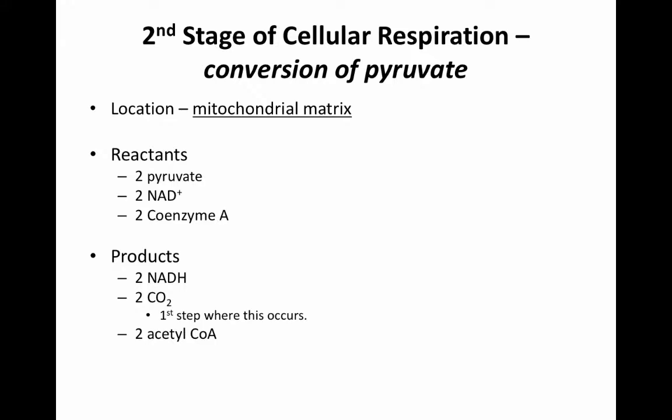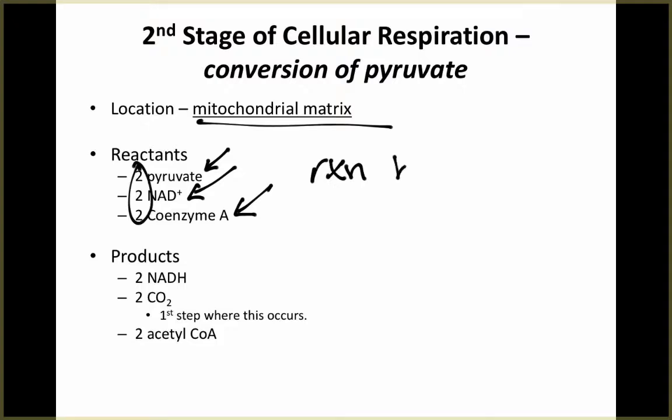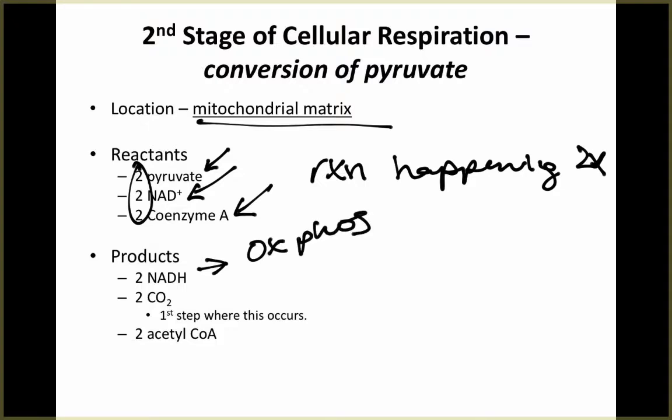So this is a review. It happens in the mitochondrial matrix. Remember, you bring 2 pyruvates, 2 of the NAD pluses, and 2 coenzyme A's into this. It's all 2 because this reaction is happening twice, right? And you make 2 NADHs, which go on to what we know as oxphos, and 2 carbon dioxides, which is a waste molecule, right, that we breathe out.